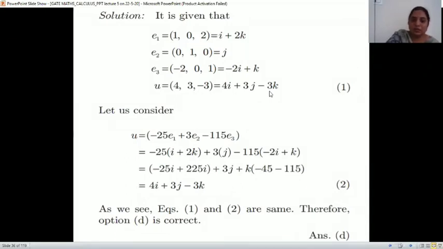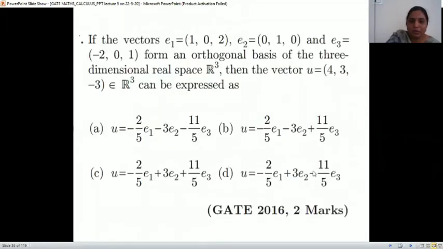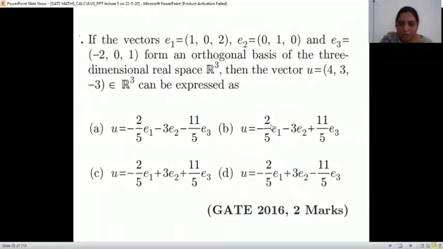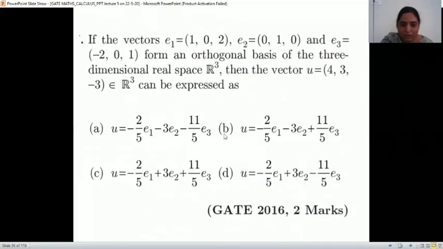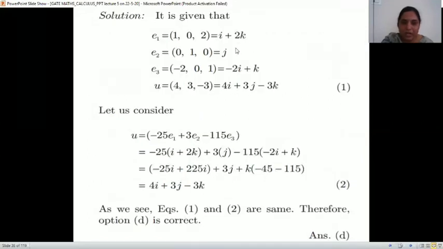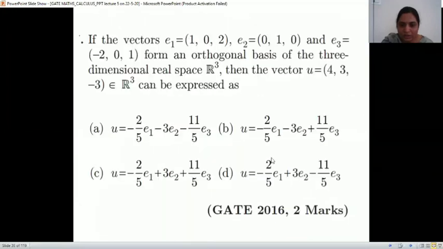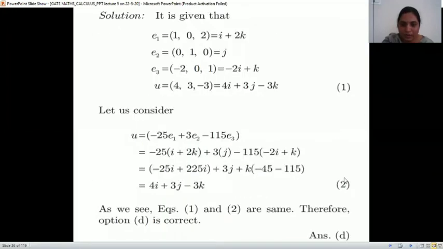Okay, here we are applying the reverse idea. We have to check for any of the options. So here I'm checking option D directly, which is minus 2 by 5 into E1. E1 is i bar plus 2k bar, so minus 2 by 5 into that, plus 3 into E2 bar, that is 3 into j bar, minus 11 by 5 into E3 bar.